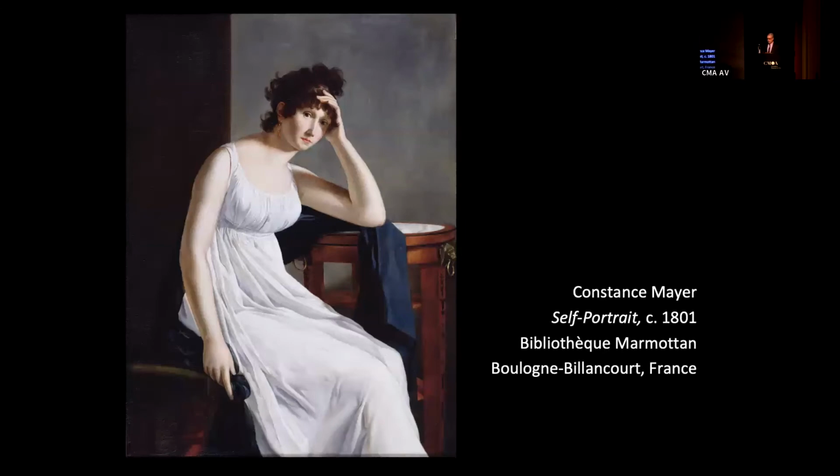But you see something like this self-portrait by Constance Maillet, a French painter, and you see that, again, the bare arms, the bare elbows, the shape of the legs underneath. These white dresses, on the one hand, were thought to be kind of democratizing fashion because more people could afford this when you didn't have to wear all those layers and use all that fabric and use all that lace and other kinds of expensive materials.